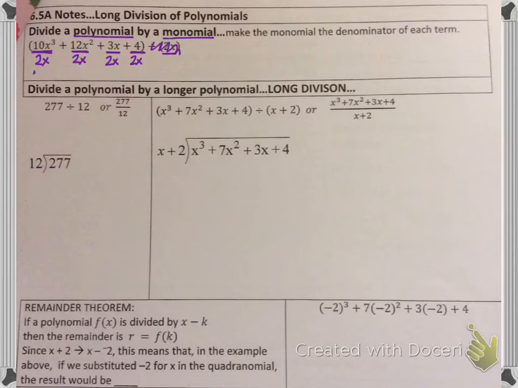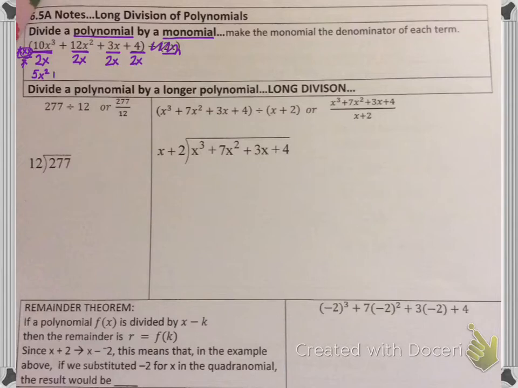Well, 10 over 2 reduces to 5, and x to the third over x would reduce to x to the second. If you remember your exponent rules, you do the top exponent minus the bottom exponent being 1. Another way to think about it is x to the third is 3 x's on top. x on the bottom is 1 on the bottom. Cancel out your ones that match, and you're left with x squared.